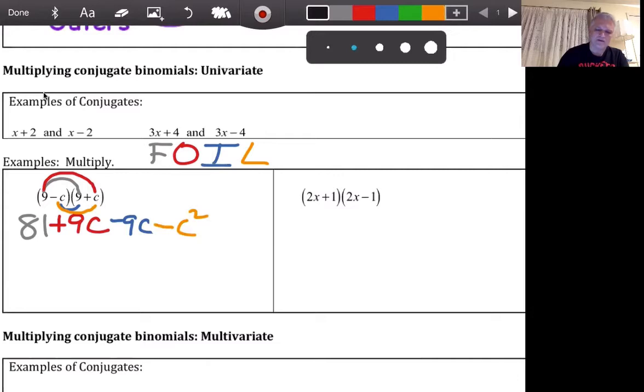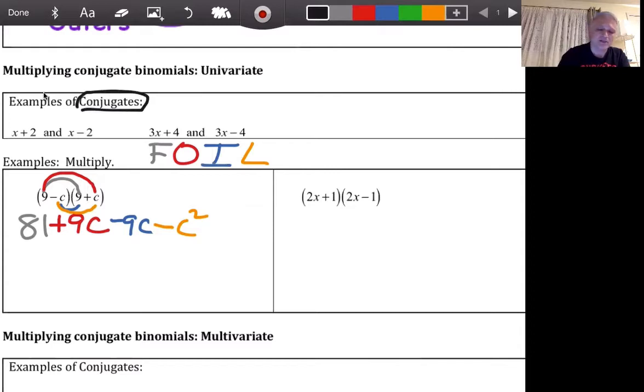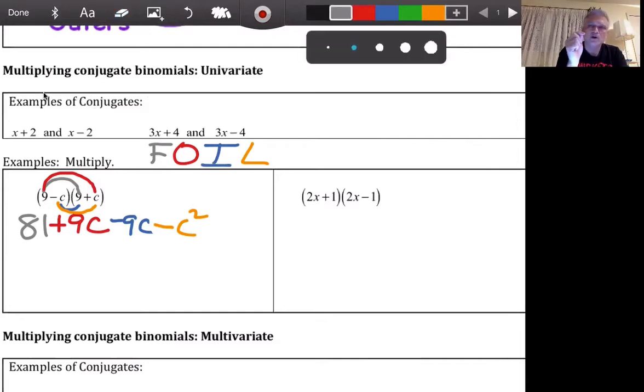Now the fun part, because these are conjugates, 9 minus c and 9 plus c. When we multiply the conjugates, look what happens. Remember in lesson 2, we took the two middle terms, and sometimes they were like terms, so we combined them by adding and subtracting. Well, look what happens here.